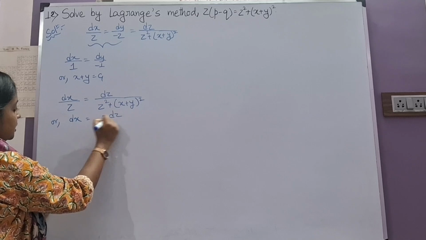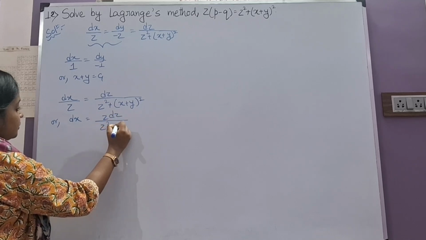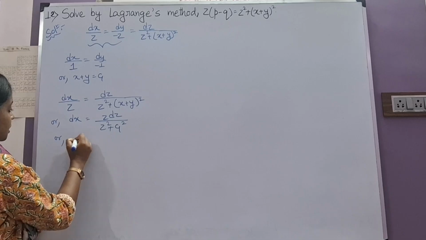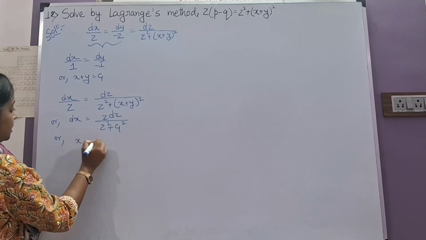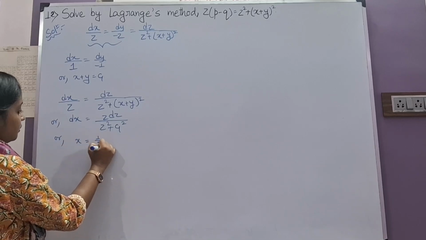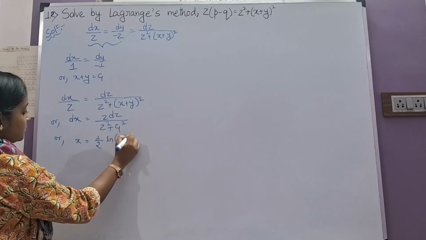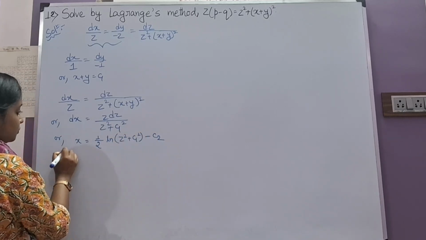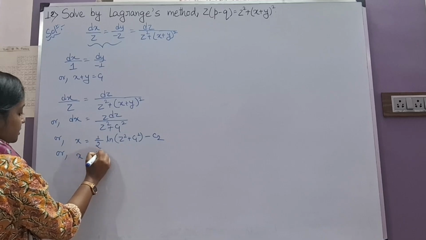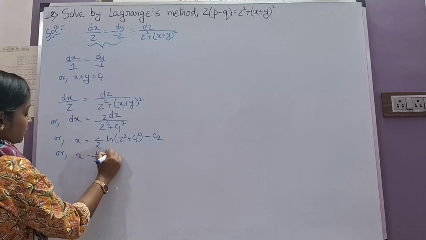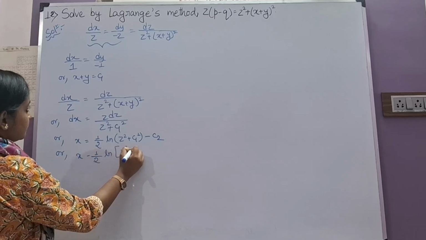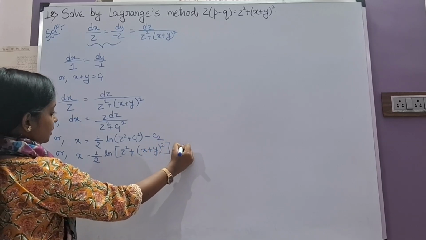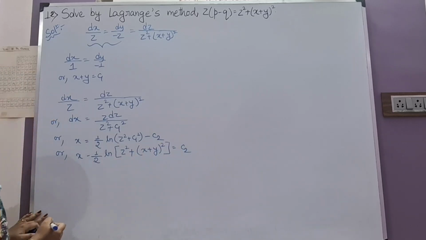z dz by z square plus, we can put here, yes, c1 square, or integrating what we get? x equal to half log of z square plus c1 square minus c2, or x minus half log of z square plus x plus y whole square equal to c2.